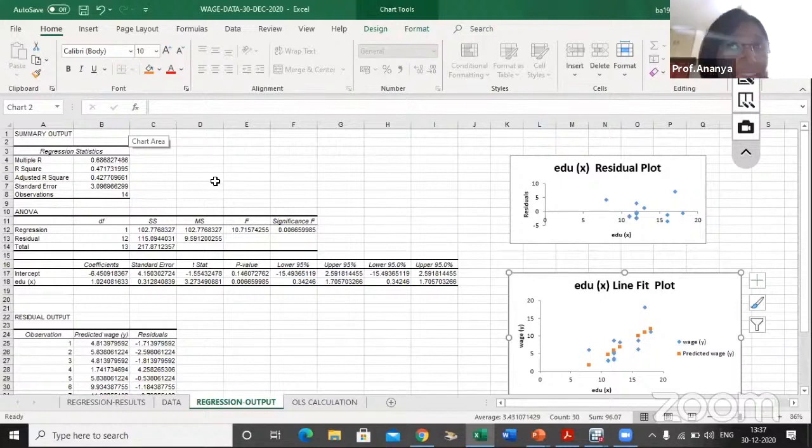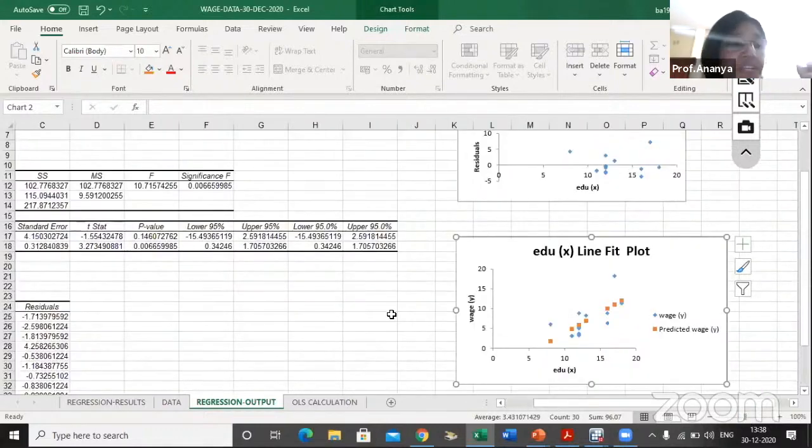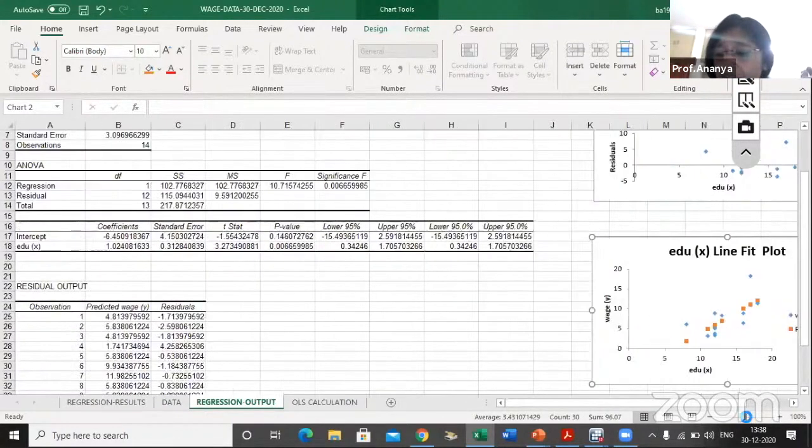You're trying to explain the actual variance in wages through the variance in education in this model. In this model, where I have regressed wages on education, my dependent variable is wage and my explanatory variable is education.